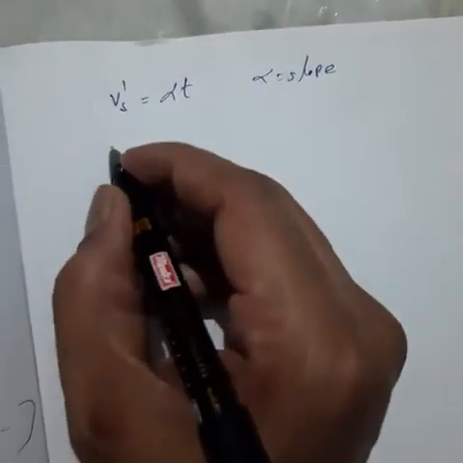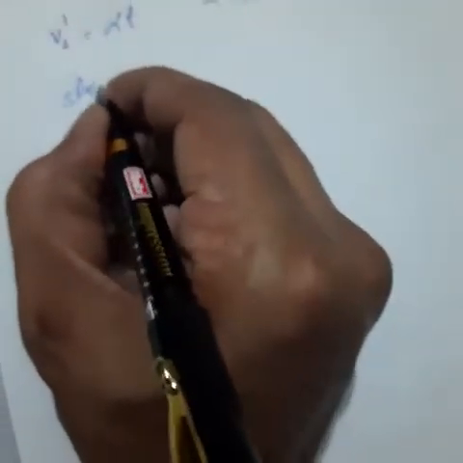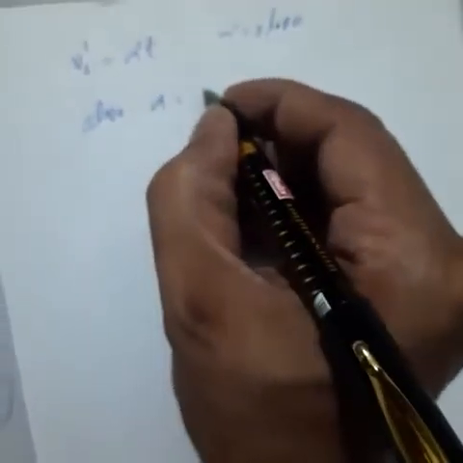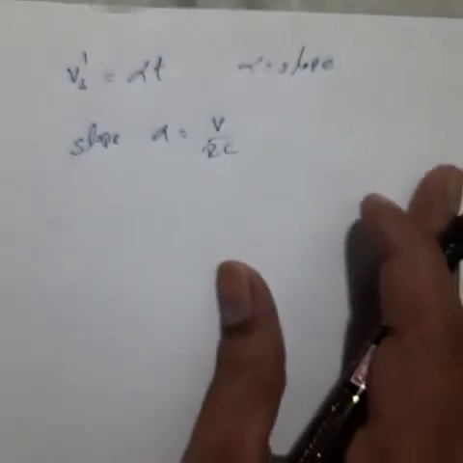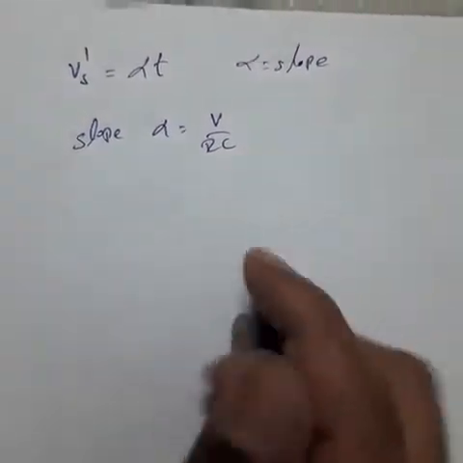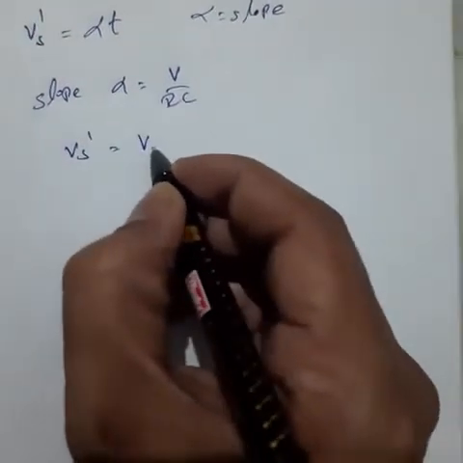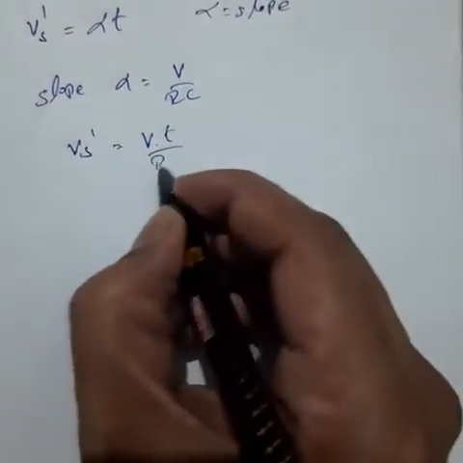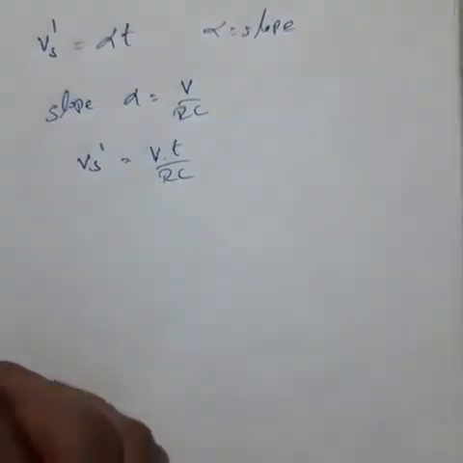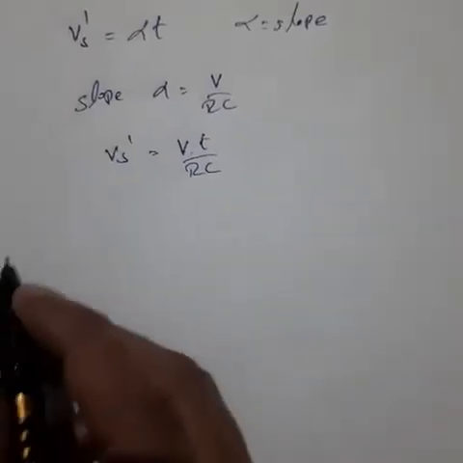The input signal will be a ramp. From the equation, the slope alpha equals V by Rc. Then Vs dash equals V into T by Rc.